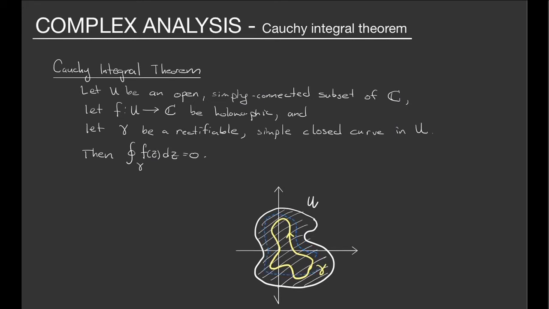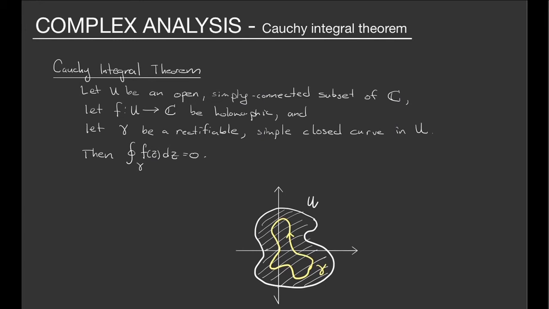Information about the interior tells us what's going to happen on the boundary. And in other cases, if we know information about the boundary, we can determine what happens along the interior. So again, there's a relationship between boundary information and interior information, which is one of the core aspects of complex analysis and one of the things that makes it so cool.